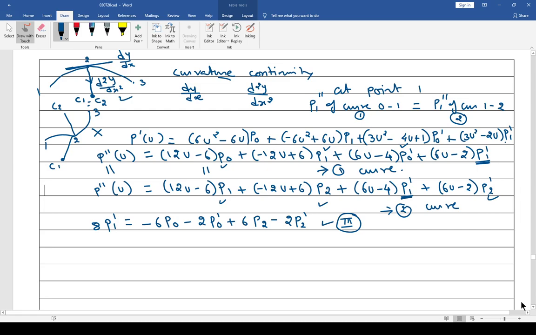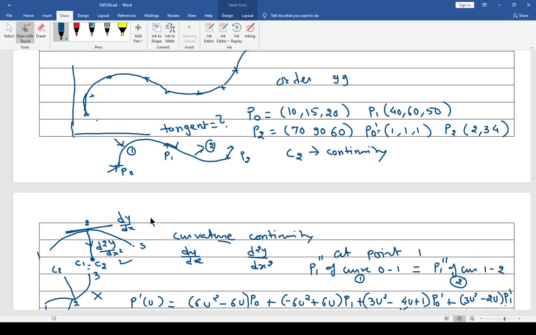Okay, so from this basically what we want is x1 dash, y1 dash and z1 dash. x1 dash means I want this, whatever is absent here in this case, p1 dash.